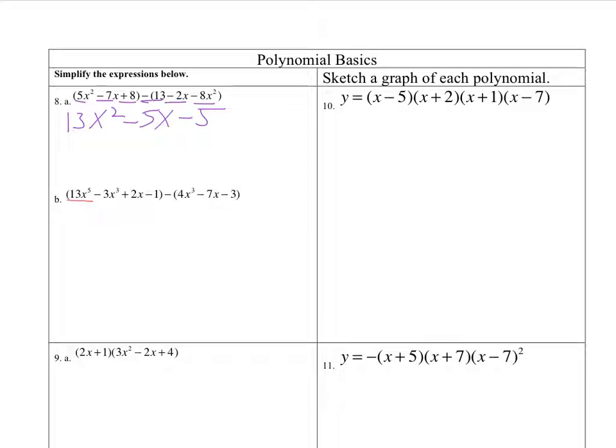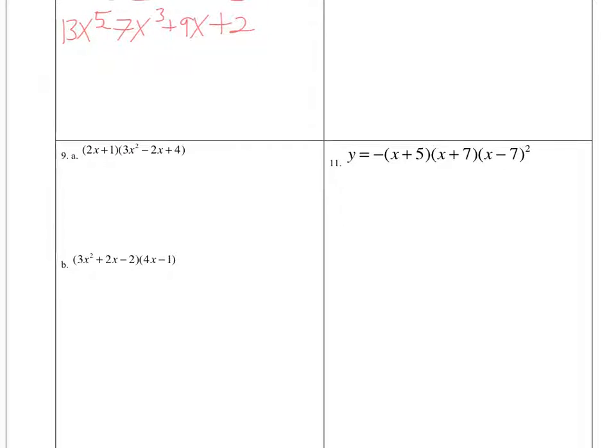Second one, 13x to the 5th doesn't have anything matching, so I'm going to keep that by itself. Negative 3x to the 3rd minus 4x to the 3rd is negative 7x to the 3rd. Plus 2x minus negative 7x is plus 9x. And minus 1 minus negative 3 would be plus 2. Again, those are just combining like terms and being careful with your signs.